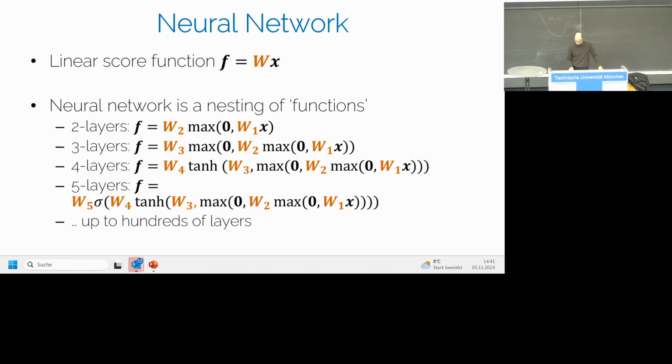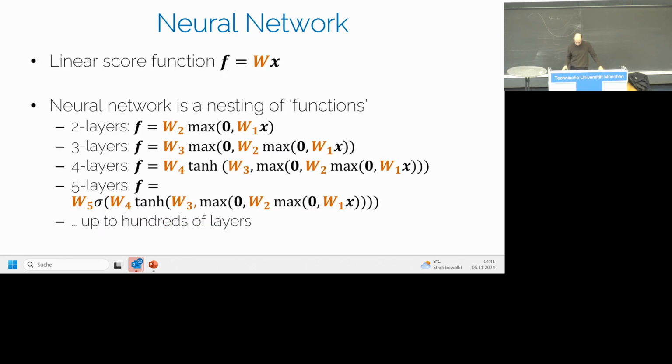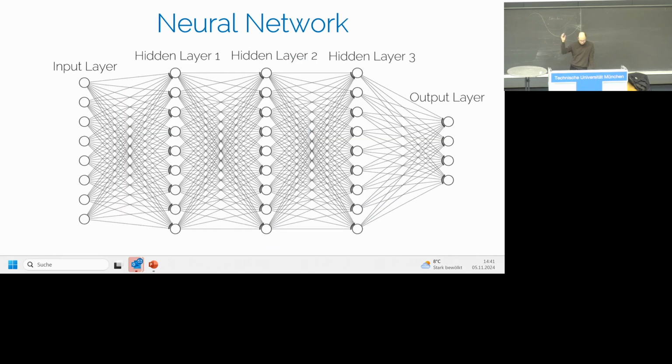We saw that this way we extend the one-layer network to multiple layers, and we can visualize this graphically in this fashion, or with bigger networks in this fashion. What you see here is that in these examples, each layer has the same number of neurons. This is obviously not required.